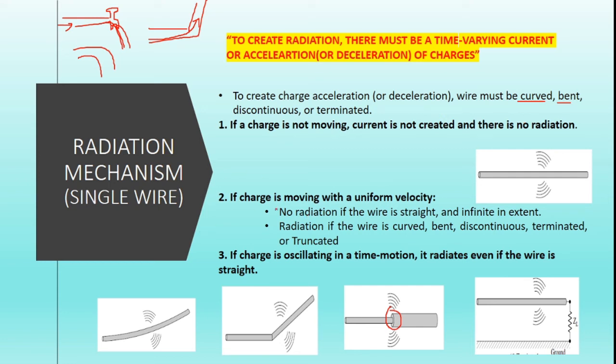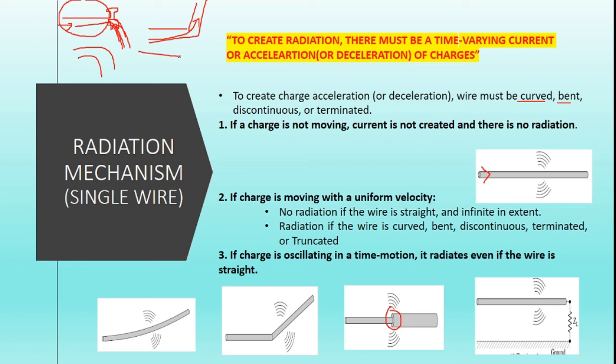The next point is if charge is moving with a uniform velocity. Now we have a wire, and the charge is going to move through the wire with uniform velocity. If it keeps on moving straight, like in this water pipe, there is not going to be any radiation. But to the same water pipe, if I introduce a downward bend or an upward bend or any such type of curve, then radiation will be created, right?